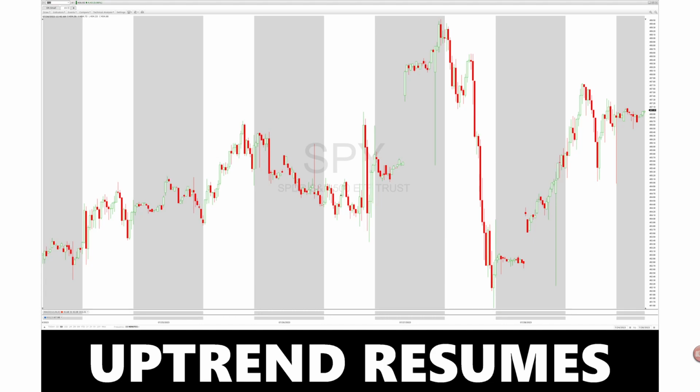If the MACD still shows velocity, the uptrend resumes. If it shows lack of velocity, we're going to go down. It's pretty much that straightforward.